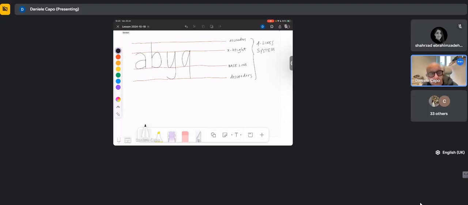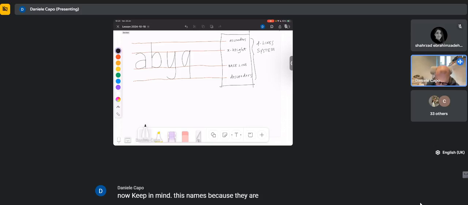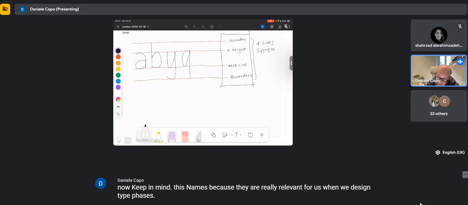Now, keep in mind these names because they are really relevant for us when we design typefaces.